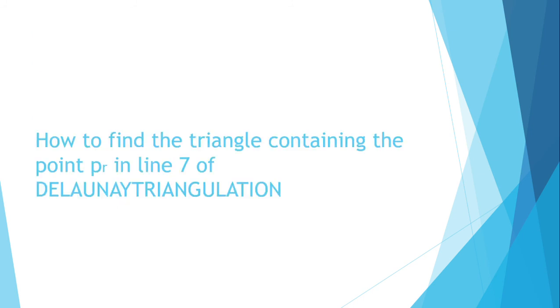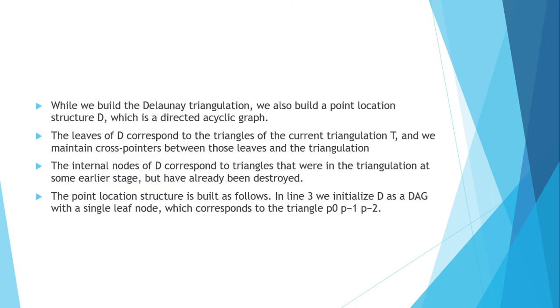Now the problem is how to find the triangle containing the point, which I mentioned before in line 7 of the algorithm. While we build the triangulation, we also build a data structure, which is a directed acyclic graph.